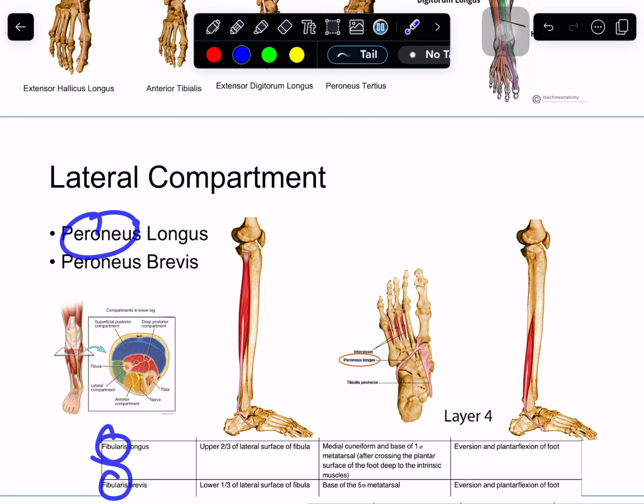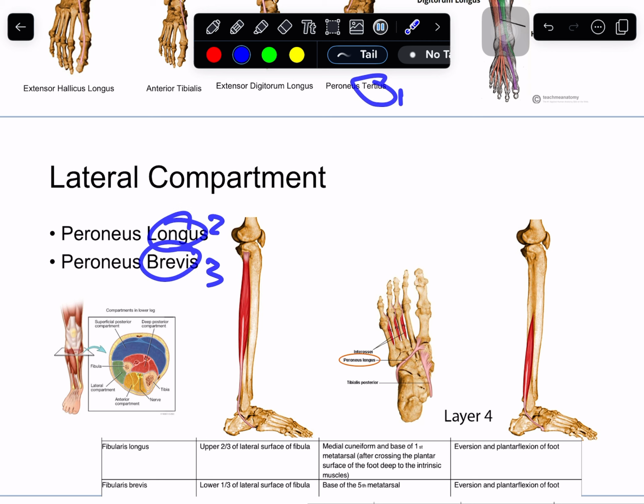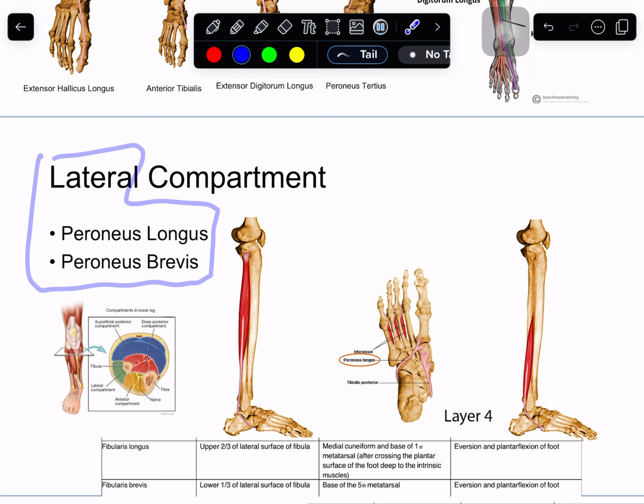For any of these 3 peroneal muscles, in the lateral compartment we have the peroneus longus and brevis. Again, there are 3 total of these peroneal muscles, and only 2 of them live in the lateral compartment, and we have the tertius up there in the anterior compartment. So we can see from this image, the peroneus longus originates from the fibular head and the proximal portion of the fibula.